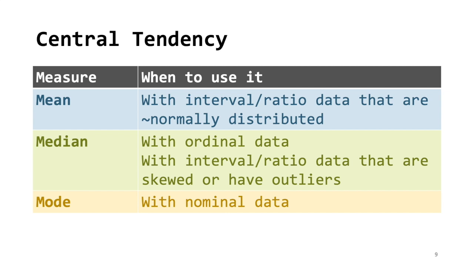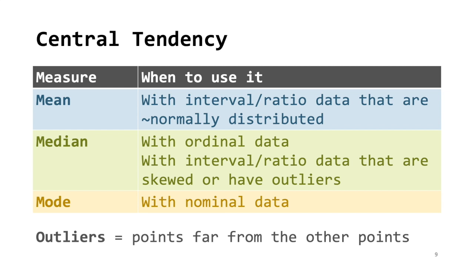A median you can use with ordinal data and with interval ratio data that are kind of skewed or have weird outliers. We're going to talk about this more in our in-class discussion. With the mode, that can be used with nominal data. It's the only one of the three that can be used with nominal data. The other two need some order to the data.